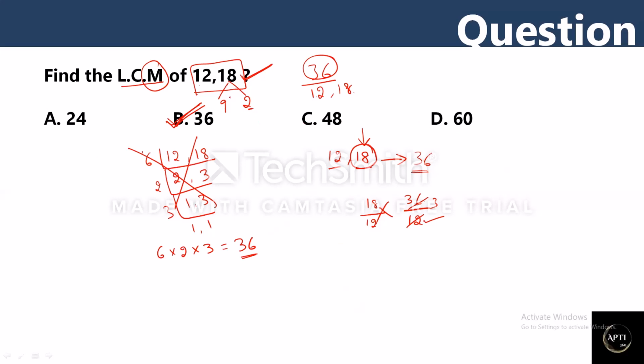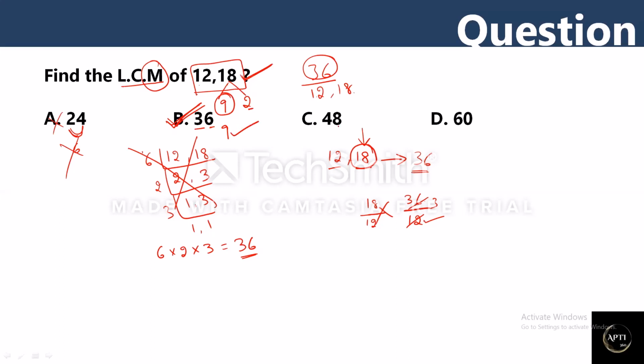Now cross check whether all numbers are divisible by 9 or not. What is the divisibility rule of 9? Yes, of course, the digit sum should be divisible by 9. Here 2 plus 4 is 6. 6 is not divisible by 9, so option A is wrong. Next, 3 plus 6 is 9. 9 is divisible by 9.